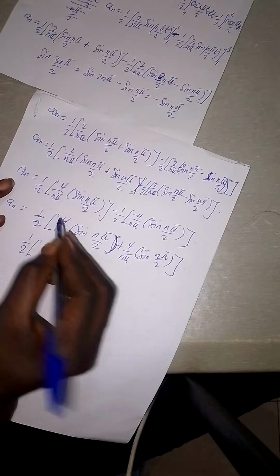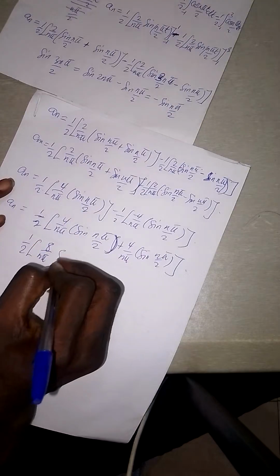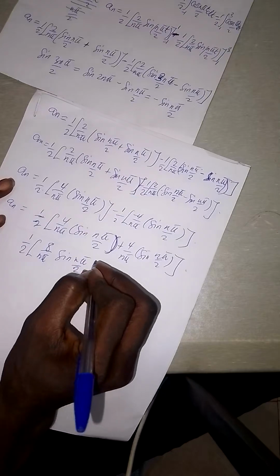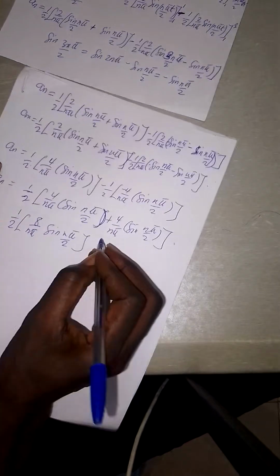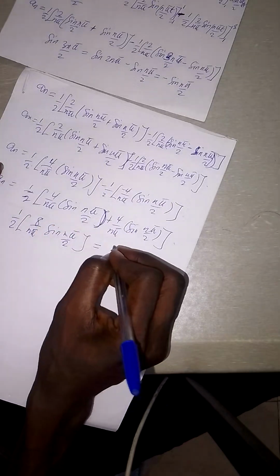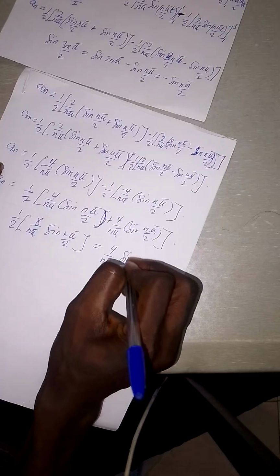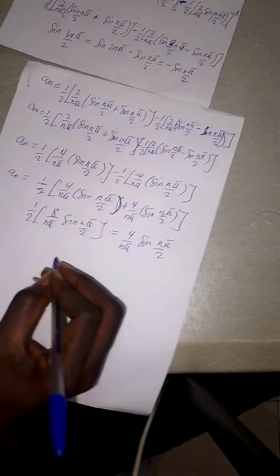So if you multiply 2 by this, you get 8 over n pi into sine n pi over 2. Now if you cancel here, then you're going to get 4 over n pi into sine n pi over 2. So this is what you're going to get.